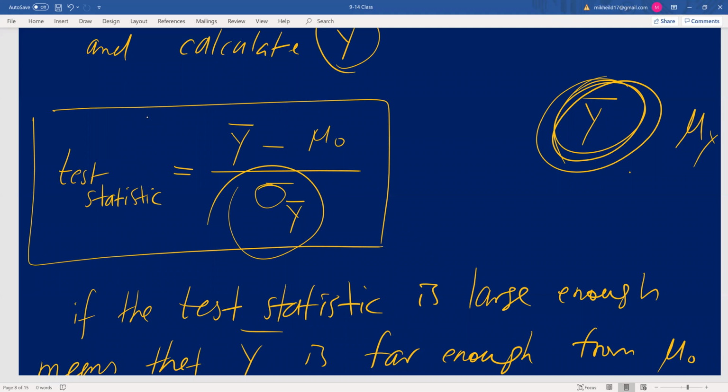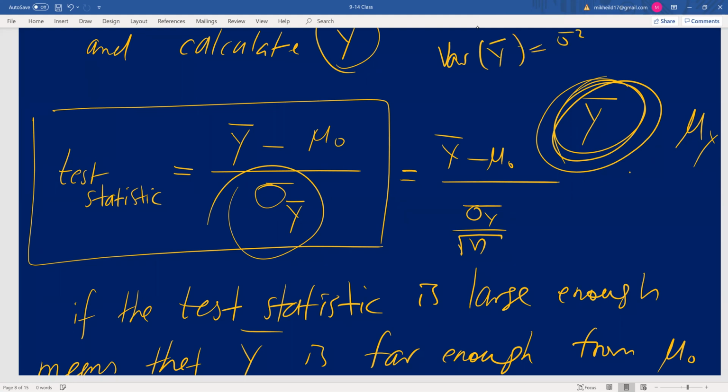But we also showed that this is sigma divided by square root of n, right? Because we showed that the variance of y bar is sigma squared of y divided by n, and this means the standard deviation of y bar is sigma of y divided by square root of n. Got it.